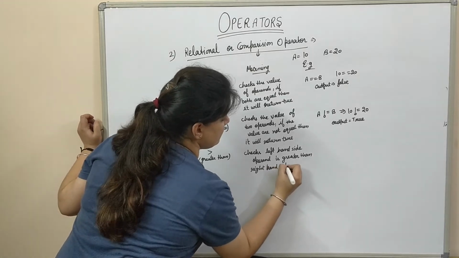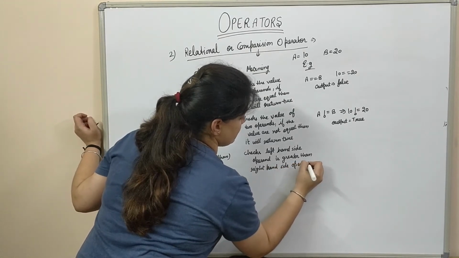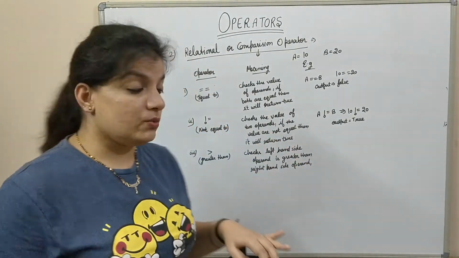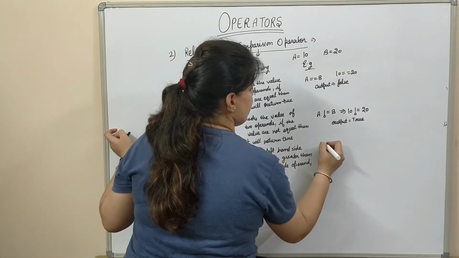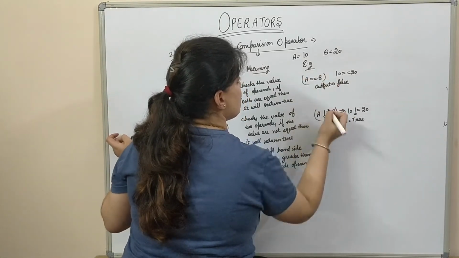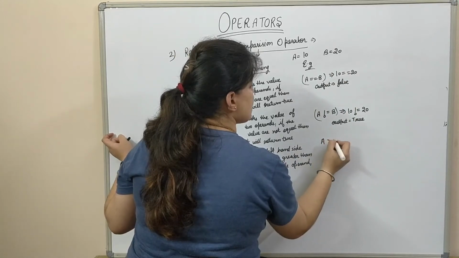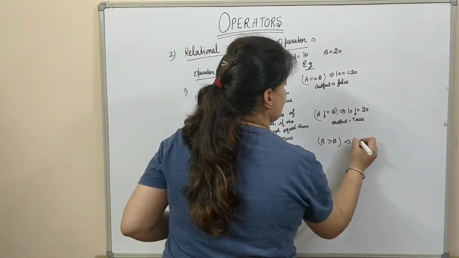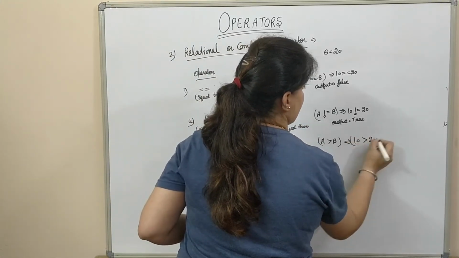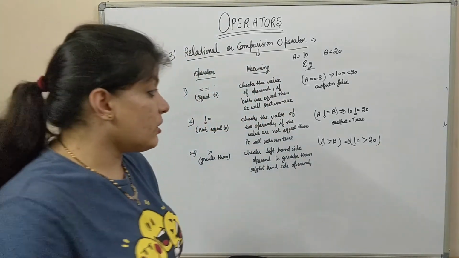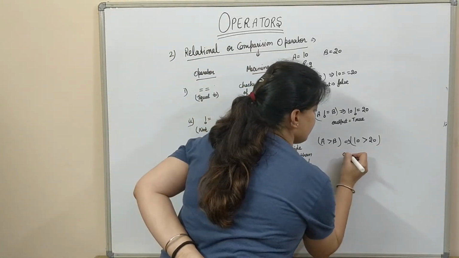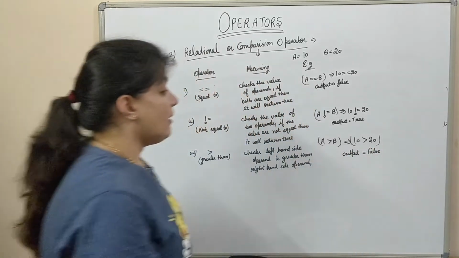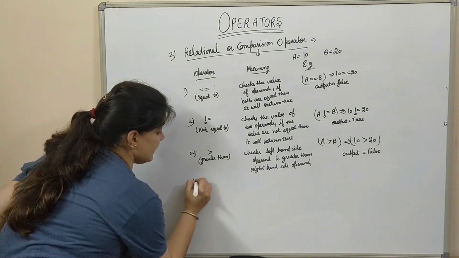If it is greater, then it will return true. Like here we will write this expression as A is greater than B. Now what is the value of A? 10, greater than 20. Is it true? No. So in this case the output will be false. Now the next type of operator is less than.